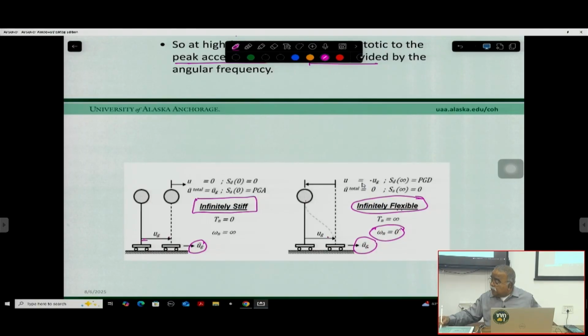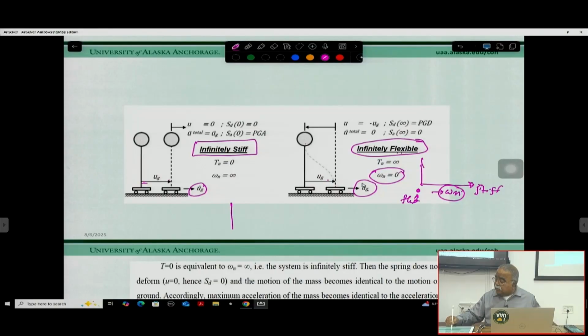So if you plot it with omega n, this side is for the flexible structure, and you go to the stiff side. But if you plot it with Tn, then Tn equals 0 means a very stiff structure, and this will be a very flexible structure.